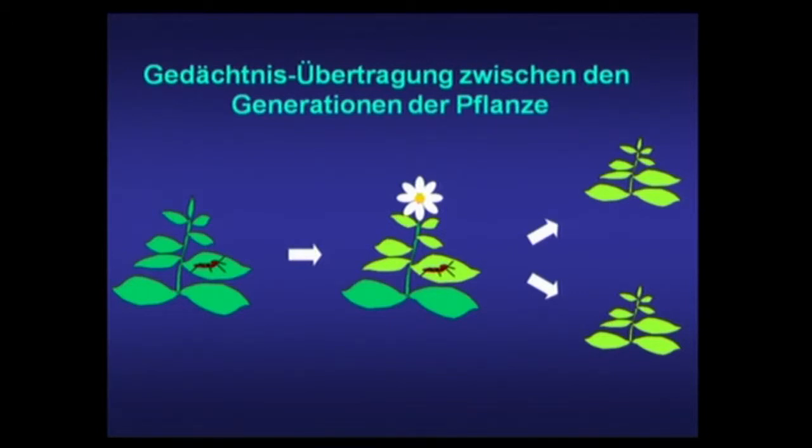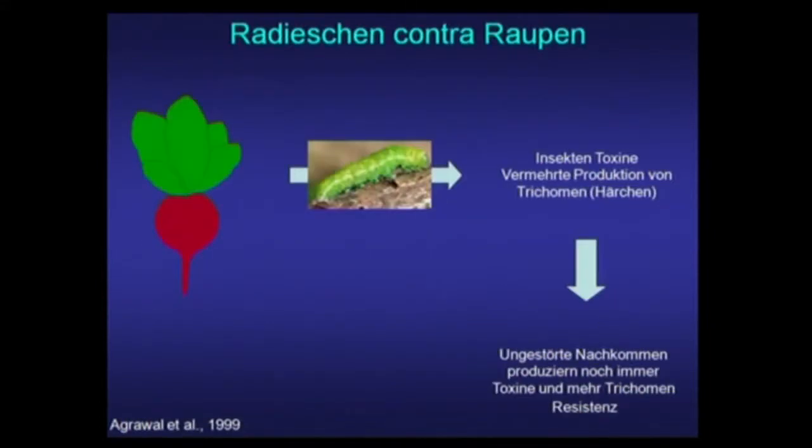The plant produces a defense mechanism, but the offspring of that plant that has not been affected still has that defense mechanism. So it's not a genetic change. The DNA is identical, so it must be an epigenetic process. And I'll show you a number of examples in plants and in animals.